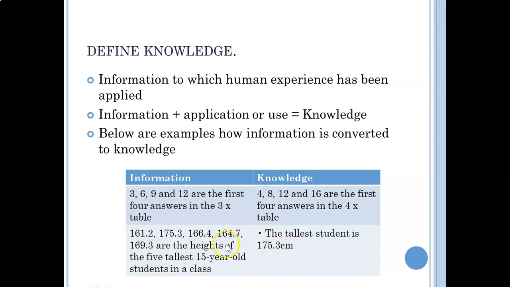So we're using this information here to get the knowledge that the tallest student is 175.3 centimeters tall. So whenever you're using information or applying it, you are working with knowledge.